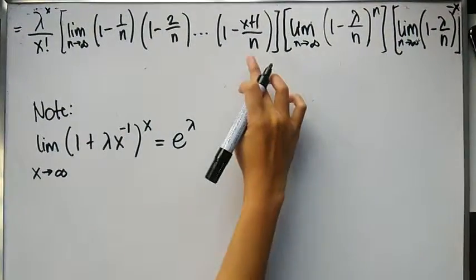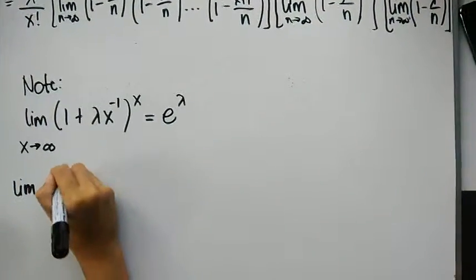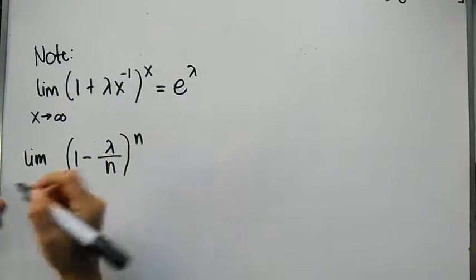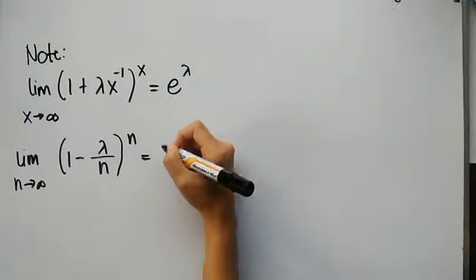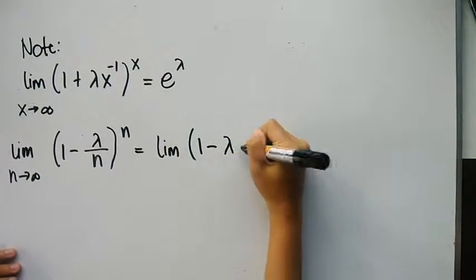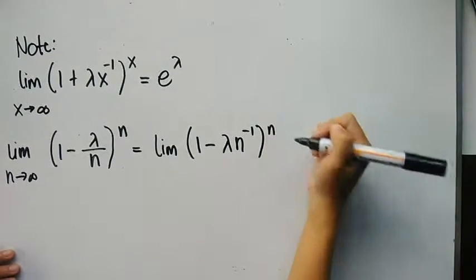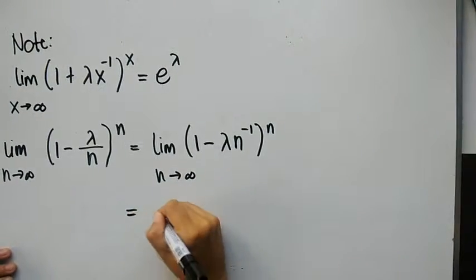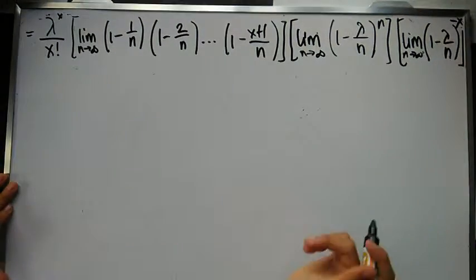So to solve for the limit of this, we have the limit of (1 - λ/n)^n as n approaches infinity, which is equal to the limit of (1 + (-λ/n))^n as n approaches infinity. So this will become e^(-λ). And this is just equal to 1.